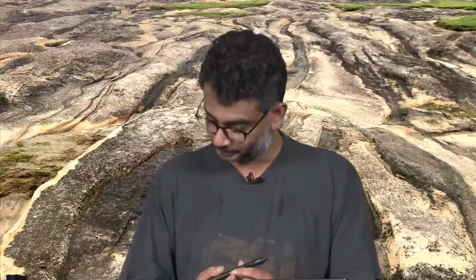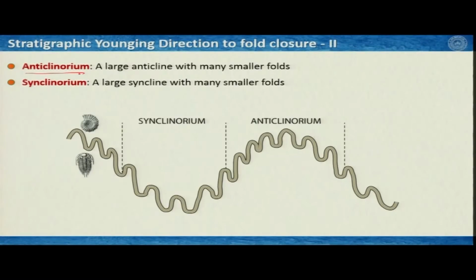So I repeat, synform and antiform are geometry based terminologies, and anticline and syncline are also geometry based terminologies, but they also include the stratigraphic Younging direction. So if we have a large anticline with many smaller folds, then we term it an anticlinorium, and if we have a large syncline with many smaller folds, then we term it a synclinorium.